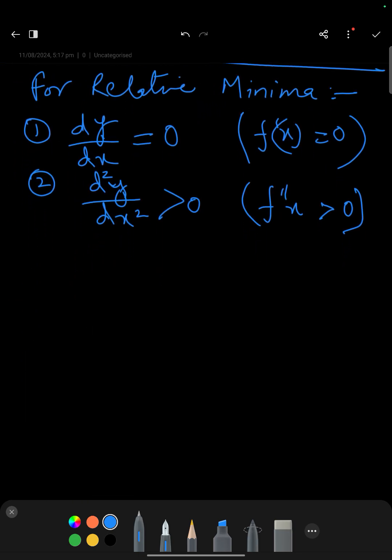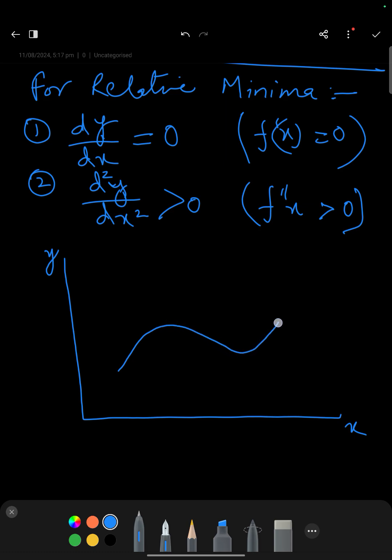Let's explain graphically. This is the curve, x and y, and our curve will be like this. Here, when this is the lowest point, we will say it is absolute minima, and this is absolute maxima.